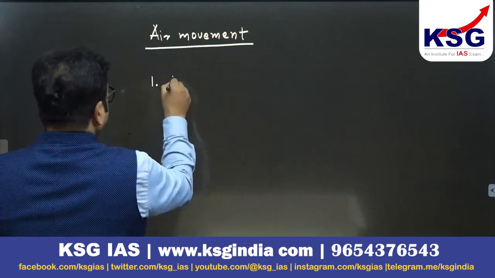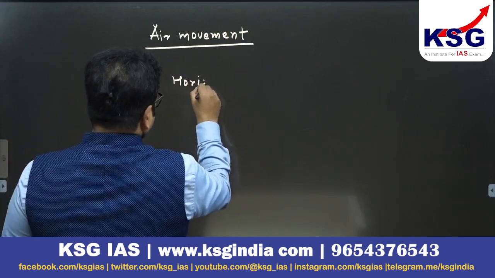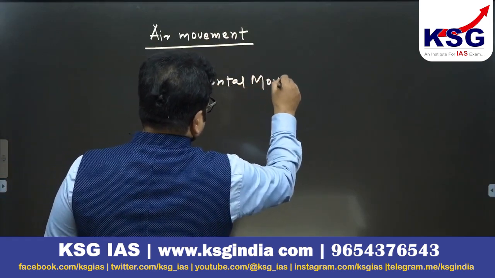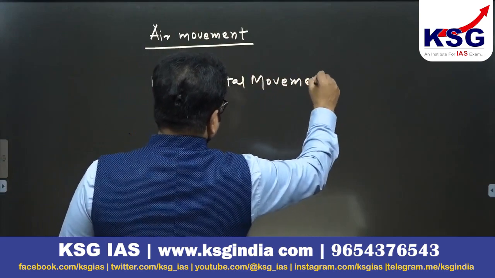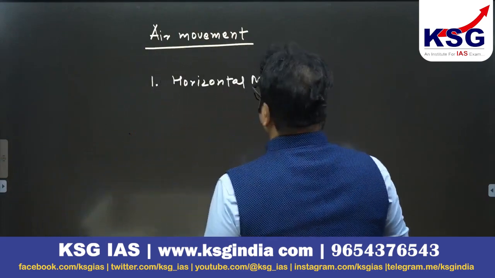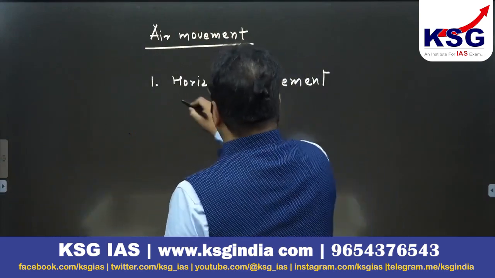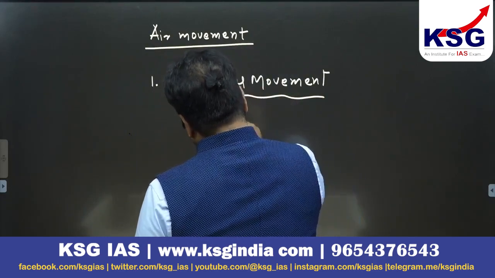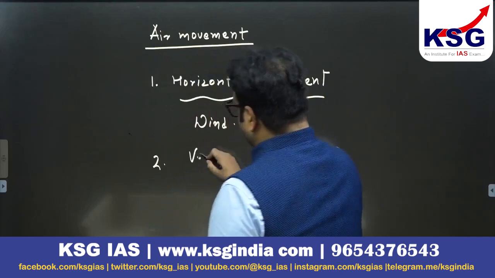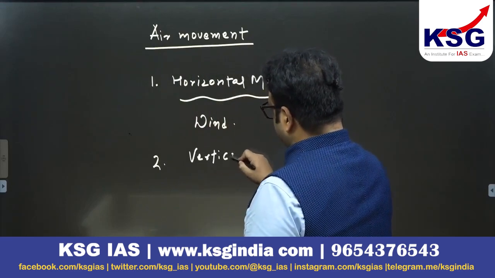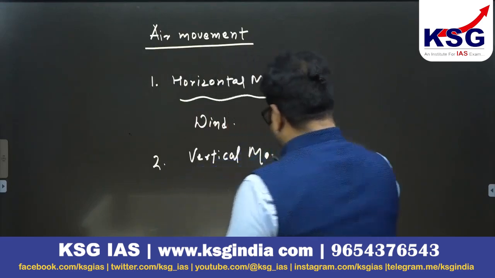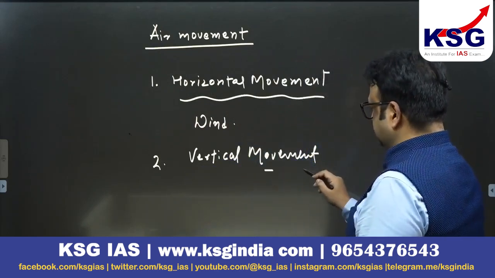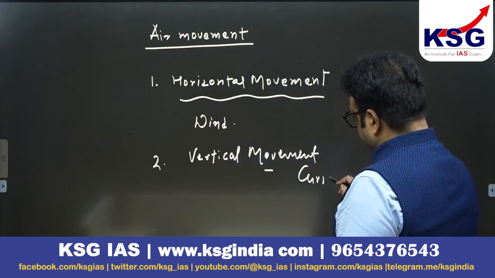One is horizontal movement of air, this is called wind, and the second one is vertical movement of air, and vertical movement is called air current. Fine.